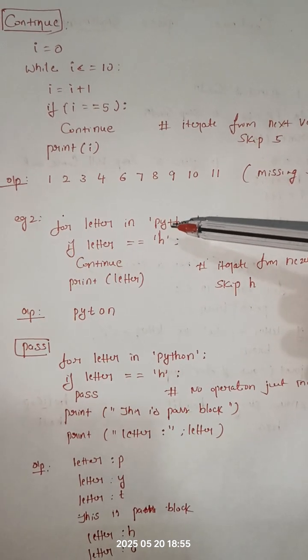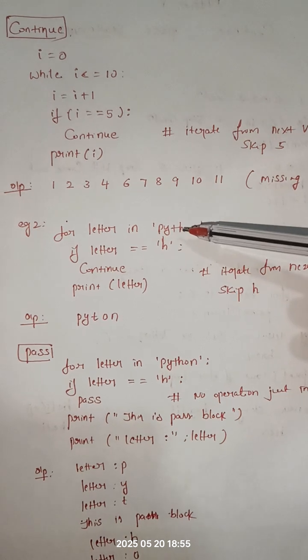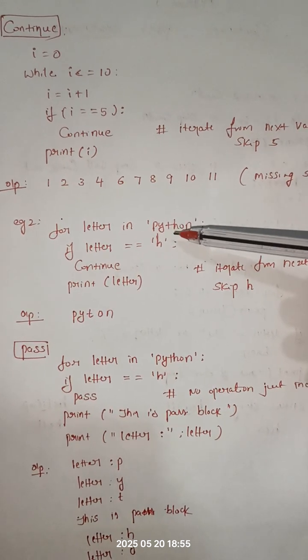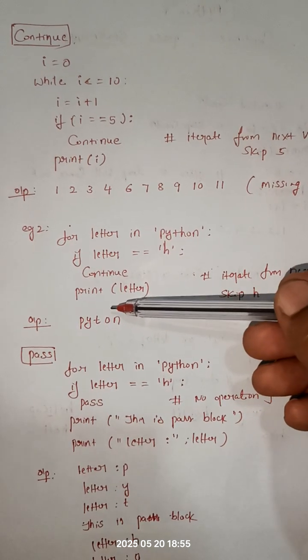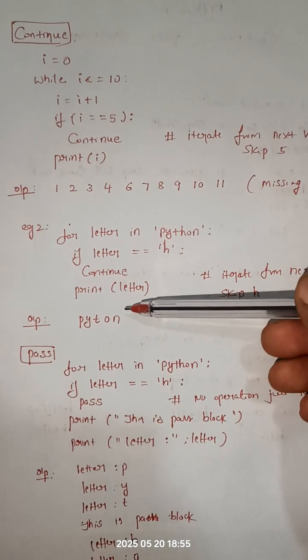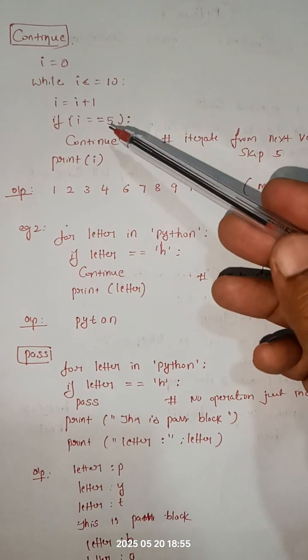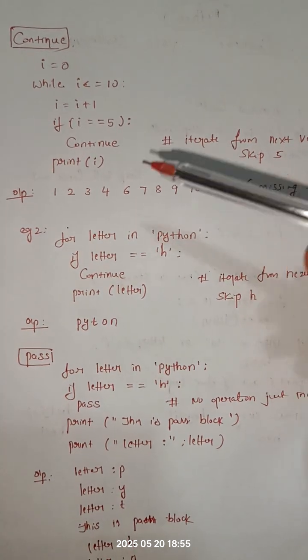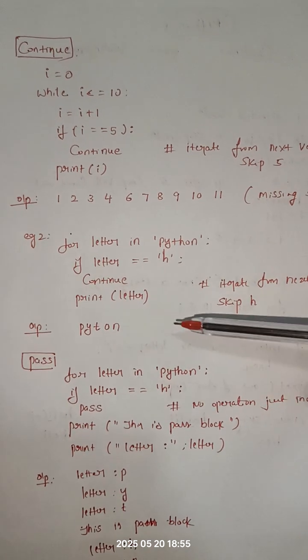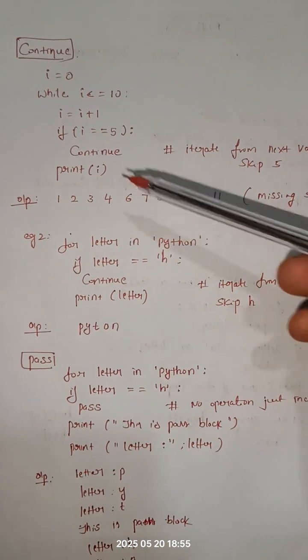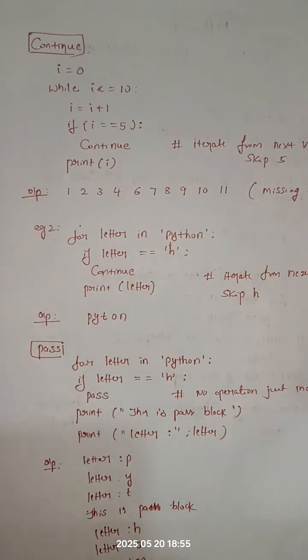So we skip this h and we write O N. T is already there, ON we should write. So in the continue statement, if it is 5, you skip the 5; if it is h, you skip that and continue with the next letters in the string, or the next digits in the integer part.